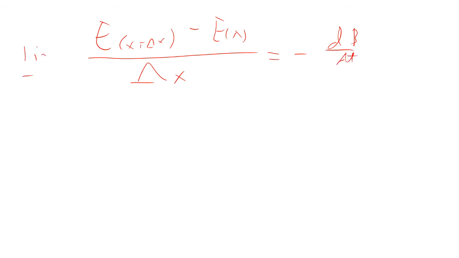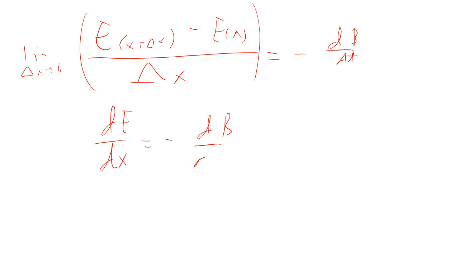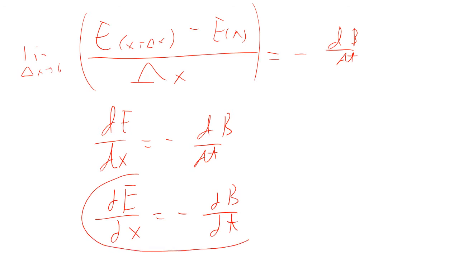If we take the limit as delta x goes to 0, the term on the left is a derivative, so dE dx equals minus dB dt. Really, we realize that E and B are both dependent on both x and t. So we should say the partial derivative of E with respect to x equals minus the partial derivative of B with respect to t. So hold on to that.